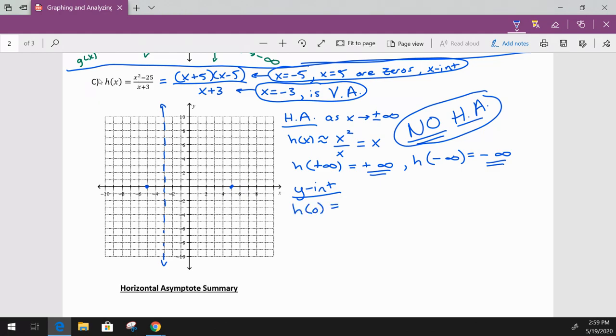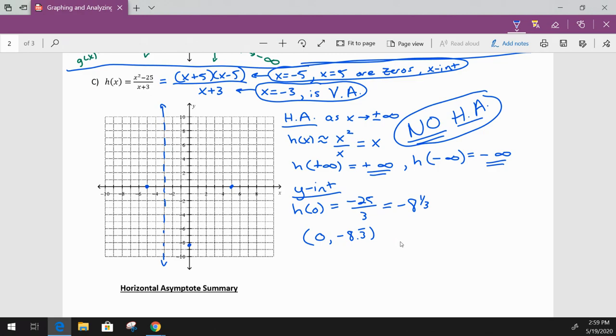So if I put 0 in the place of the x's, it all boils down to the constants, negative 25 over 3, which would be negative 8 1/3, or approximately negative 8.3 repeating. Remember, 0 is the x coordinate, and negative 8.3 repeating would be our y coordinate. So that is right here.